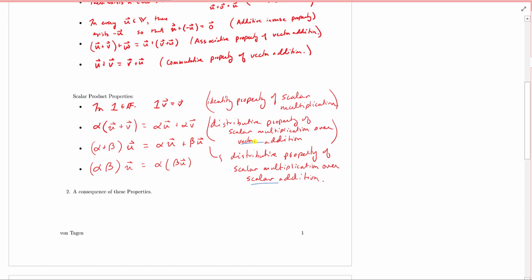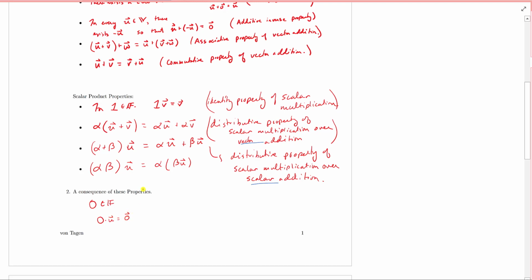Okay, that's a whole lot of properties. This is getting rather long. Let's look at a couple of quick consequences of these properties. You might think that we needed to state these as properties, but it turns out you can prove them from the other ones. And that is if we take the number 0, careful, that's the number 0 in the field. If I take the number 0 and scalar multiply it to any vector, what I get is the 0 vector.